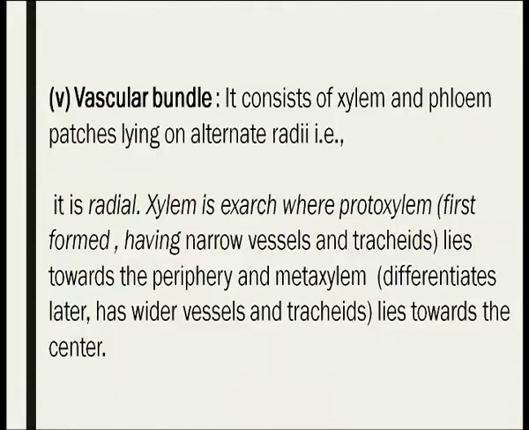So now xylem and phloem lie in patches on different radii, and the vascular bundles are radial and the xylem is exarch, where protoxylem, the first formed, with smaller cells, narrow vessels and tracheids, lies towards the periphery, and the metaxylem differentiates later and has wider vessels and tracheids, and lies towards the center.